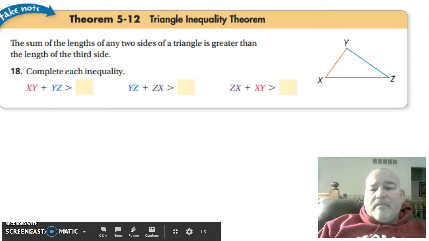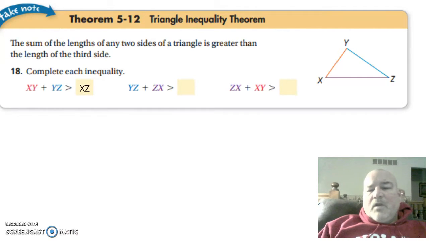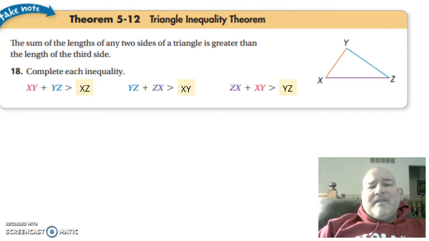The third side, in this case XZ. YZ plus ZX has to be greater than the third side, XY. Finally, ZX plus XY would have to be greater than the third side, YZ. A lot of times when I do the triangle inequality theorem, I use the two shortest sides compared to the longest side.